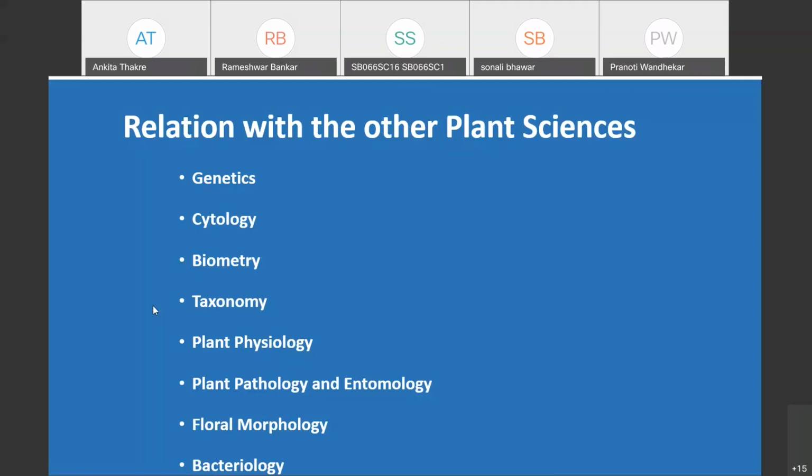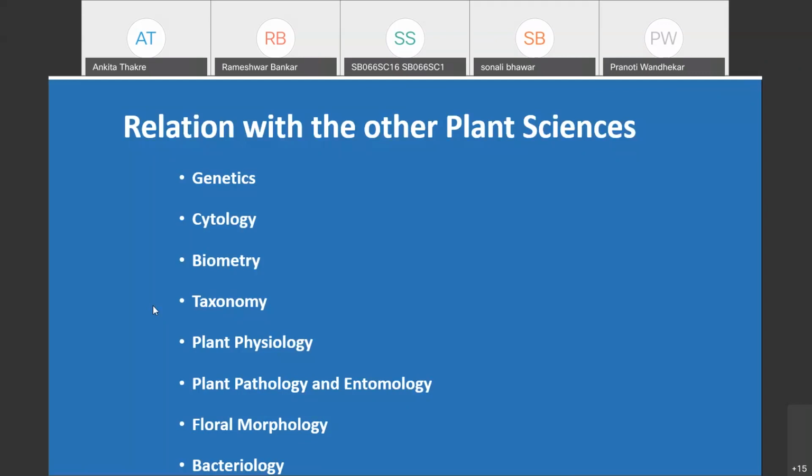That is the relation with the other plant sciences. Plant breeding is mainly related to and dependent on the knowledge of different branches of plant sciences. We have just discussed in detail how these branches are helpful to develop new crop varieties: genetics, cytology, biometry, taxonomy, plant physiology, plant pathology and entomology, floral morphology, and bacteriology.